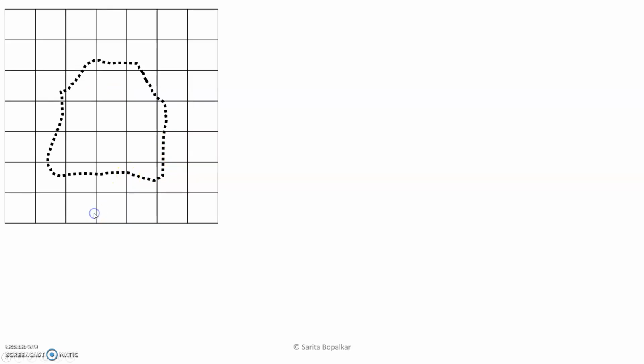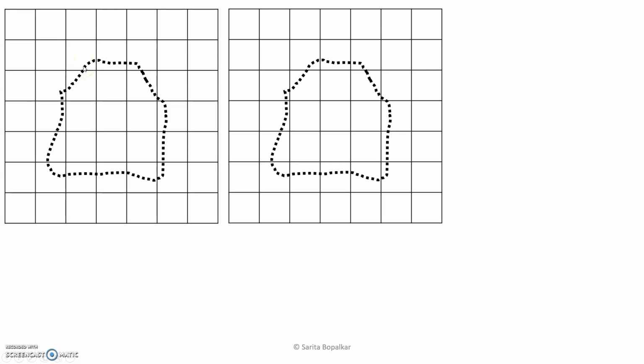So instead of obtaining the chain code from the original boundary, we resample the boundary points by placing grids here. So these grids are superimposed on the boundary points. Now we can assign the boundary points to one of the grid locations.